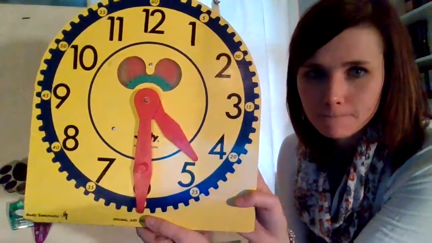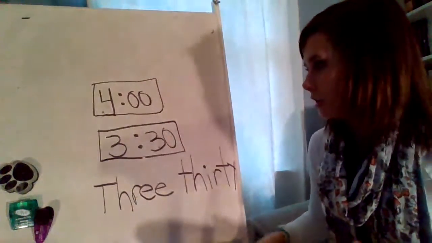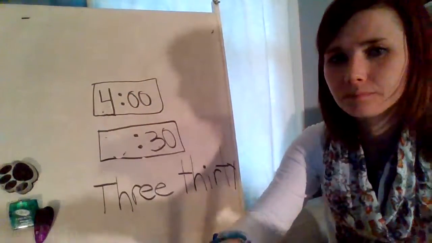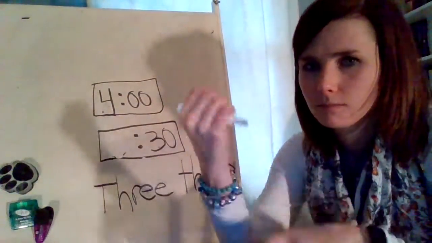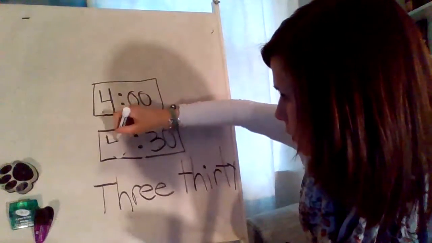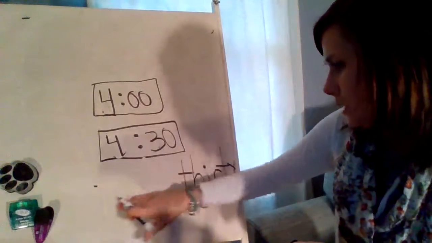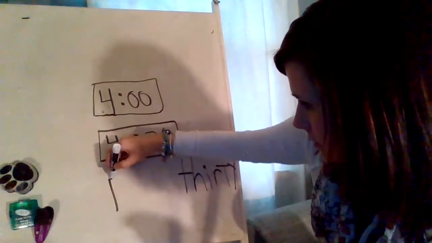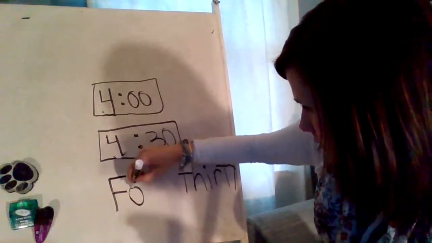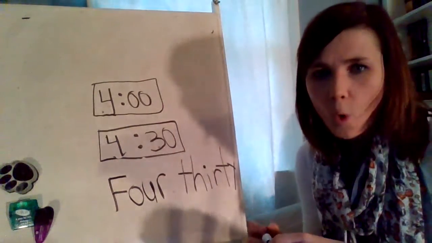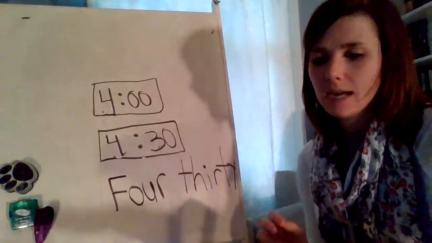You would write that on a digital clock like this, 4:30. And if you were going to write it with words, you would write the number 4, and then 30.